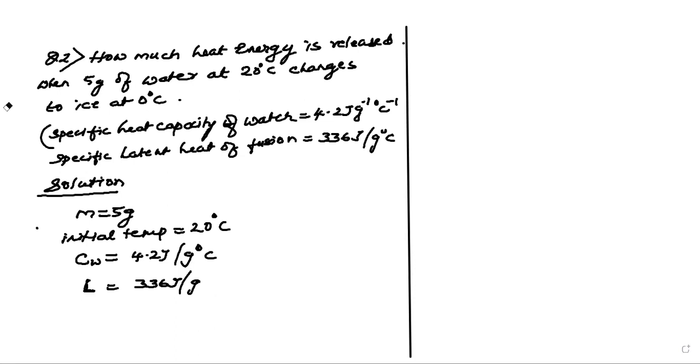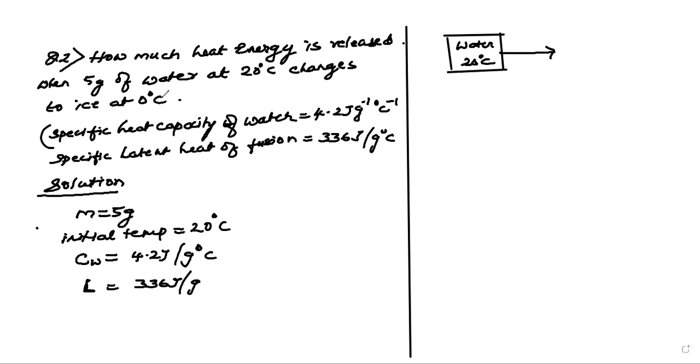Now all are going to pay attention here. See, I'll tell you, it's such a simple sum, children. Initially, you have water. Its temperature is 20 degrees Celsius. This is the initial temperature of water. Now this water, you're going to start cooling it.